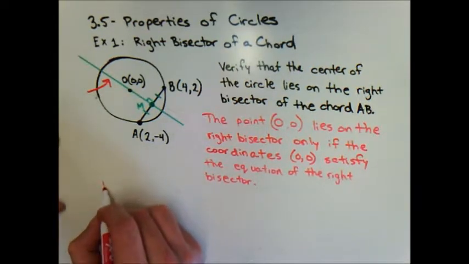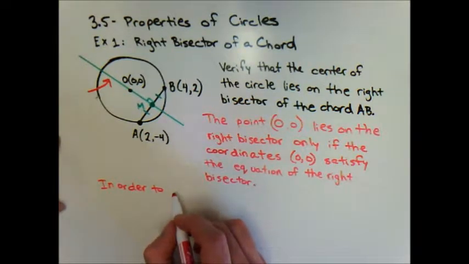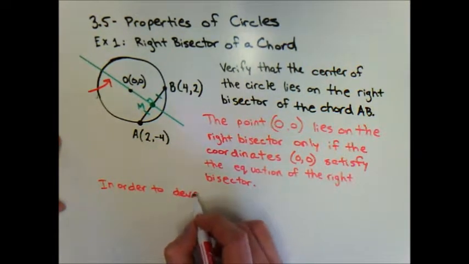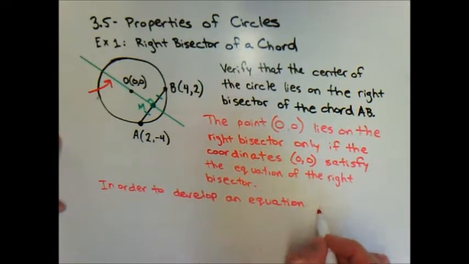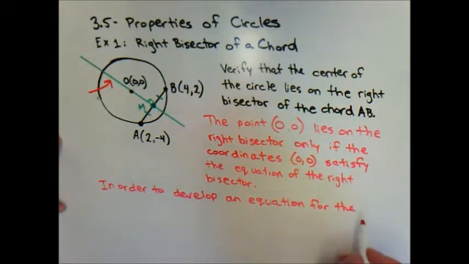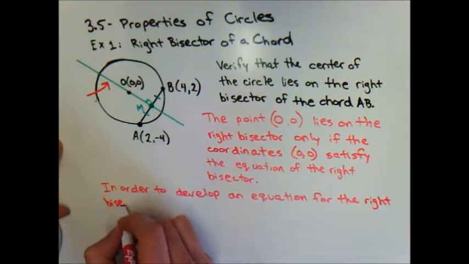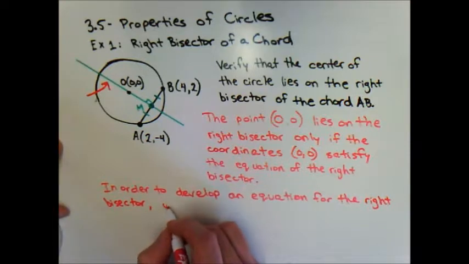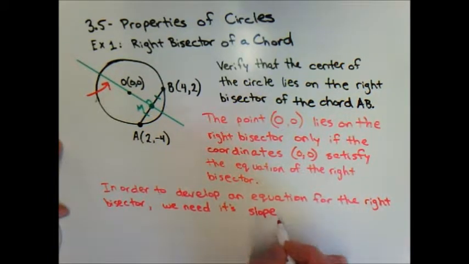In order to develop an equation for the right bisector, we need its slope, and what else? Can we find the equation of the line just with the slope?